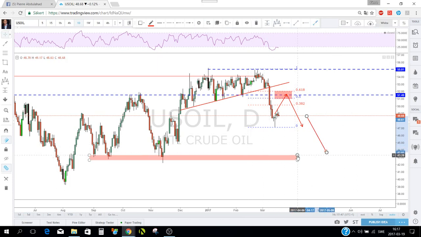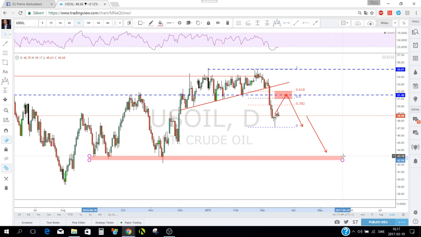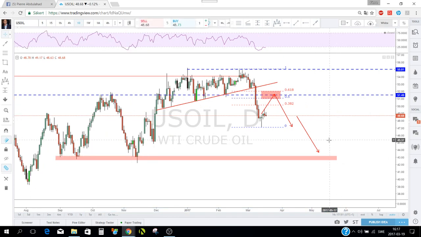This structure is gonna be very important structure for the oil too. So I'm short on oil, but I will be looking to see a correction to the upside before looking for entry reason for short, yeah.